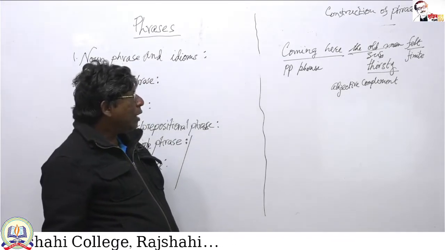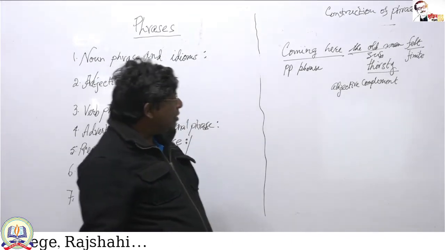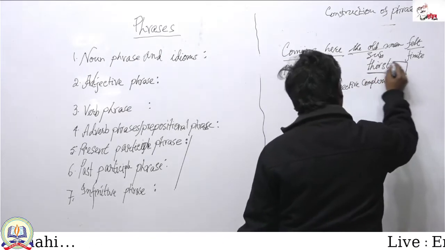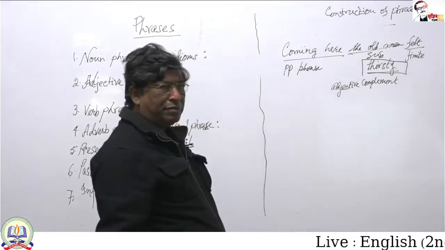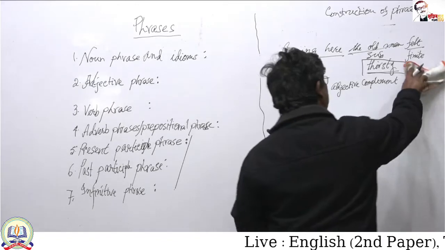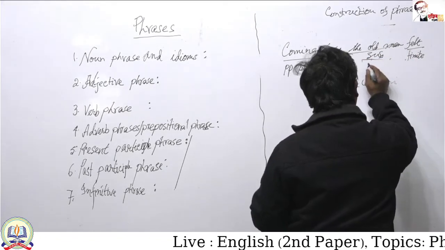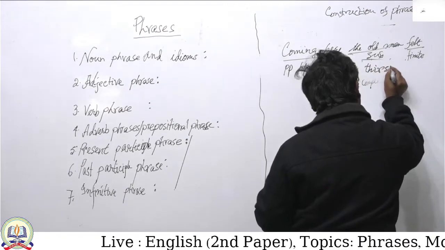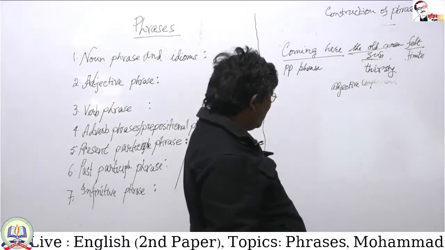Anyway, so we have an adjective complement here. The adjective thirsty makes a unit in a sentence. That is, the adjective thirsty is the adjective complement.